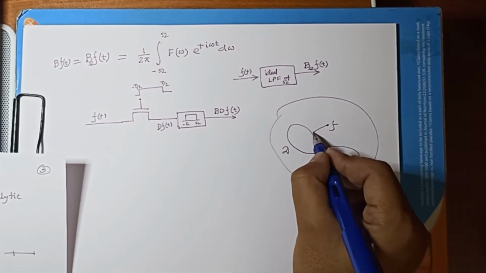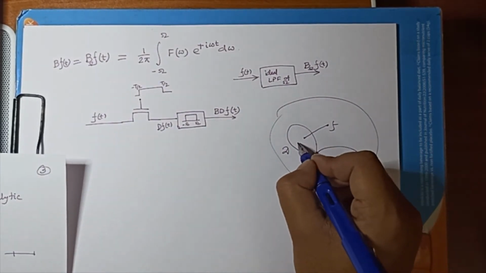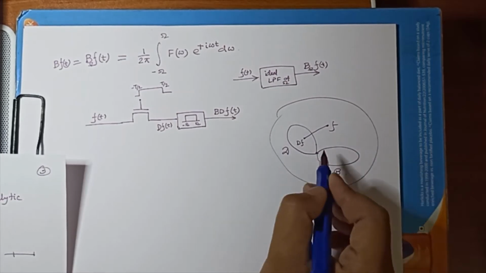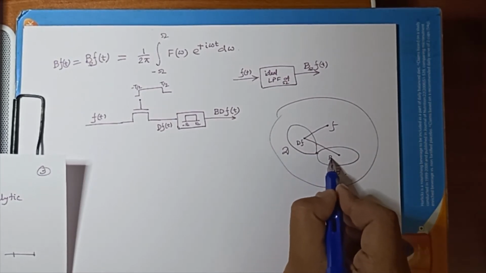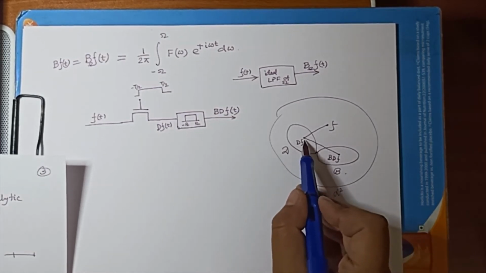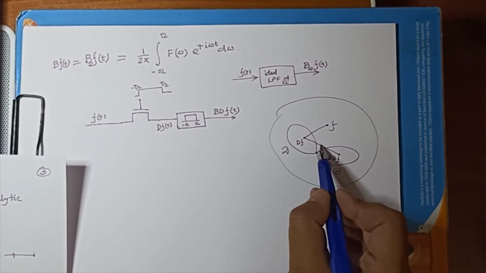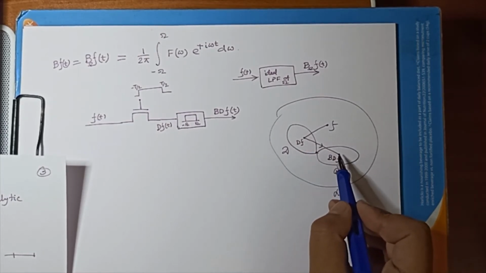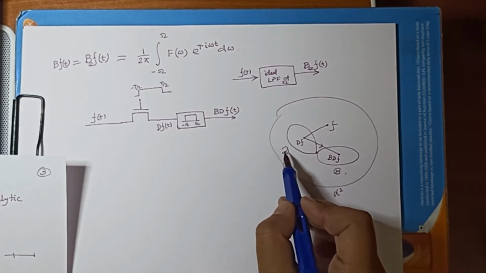When you are passing it through this switch, you are enforcing here and you are getting Df, and then you are projecting from here to here and you are getting BDf. Now this signal is time limited, but it is not band limited. When you are doing low pass filtering, this is band limited, but this is no longer time limited because this cannot belong to this space B.